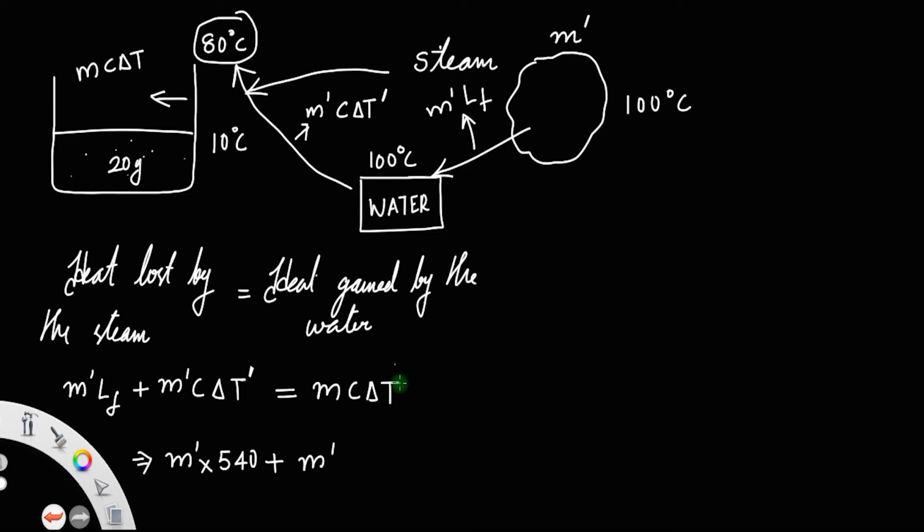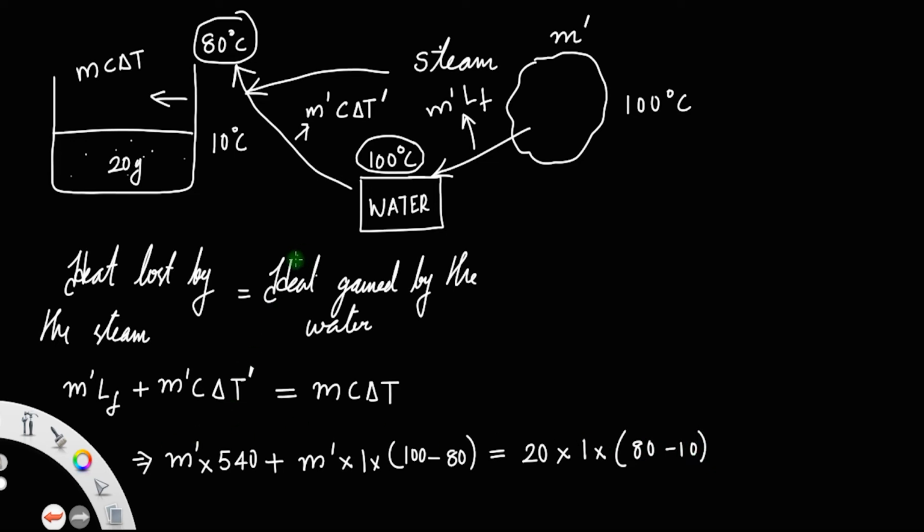For this process, the specific heat capacity is 1, into the change in temperature, from 100 you are lowering it to 80, so it is 100 minus 80, which is equal to the mass of the water, which is 20, and the specific heat of water is 1, and the change in temperature is, to increase from 10 to 80 you need 70, or 80 minus 10.